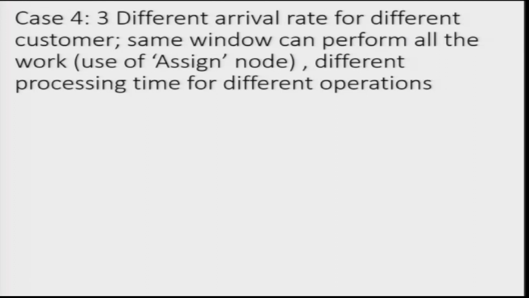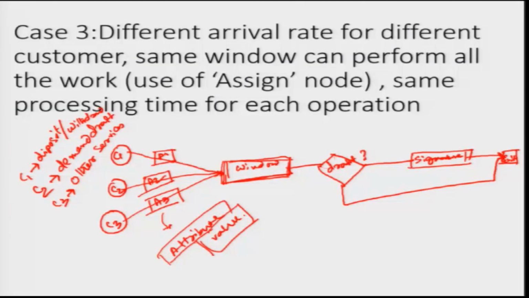So now we will discuss how to make the processing time different for different customers, while the process is done on the same window. The diagram of this Arena model will be very similar to case 3, because we have only a single window to serve all the processes.